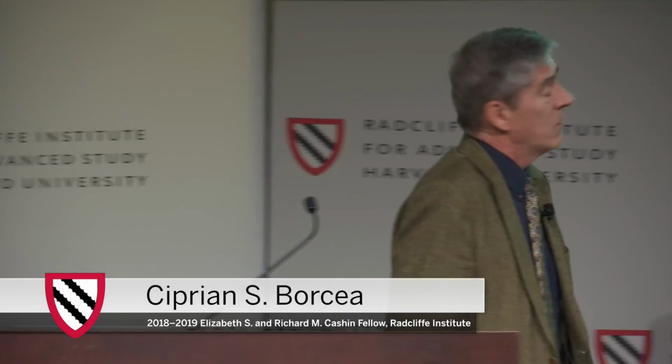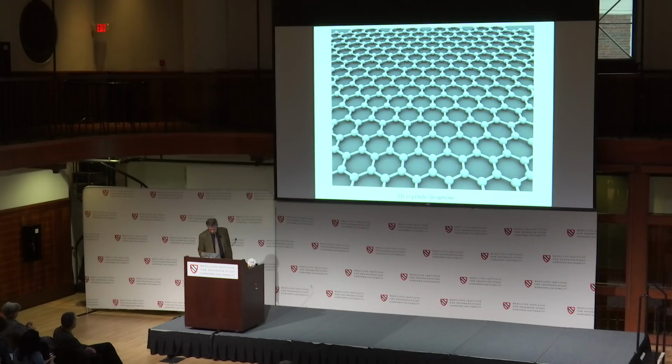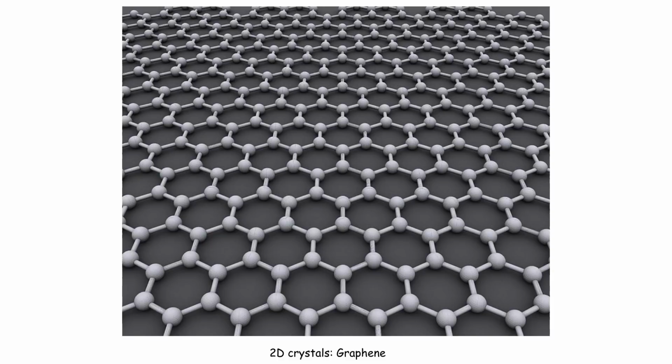So periodic structures are widespread in nature, in man-made materials, and we see here the by now famous structure, of course, ideally drawn, but this is one sheet of graphene.